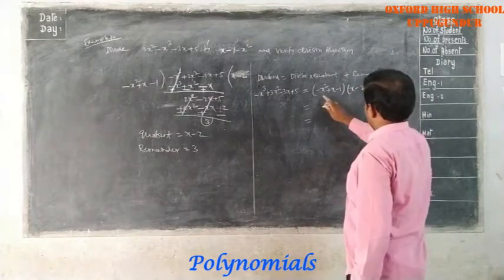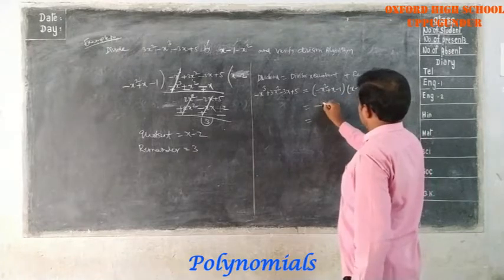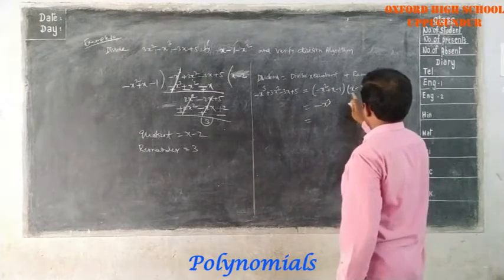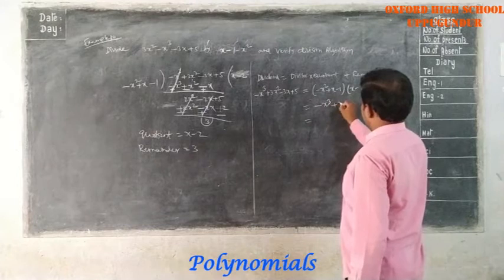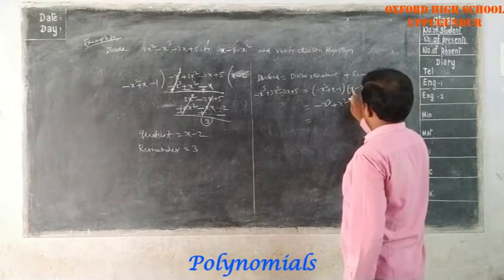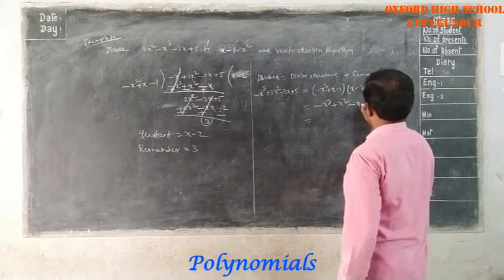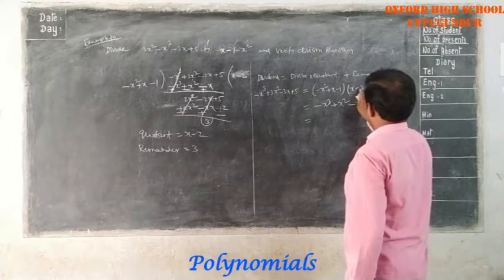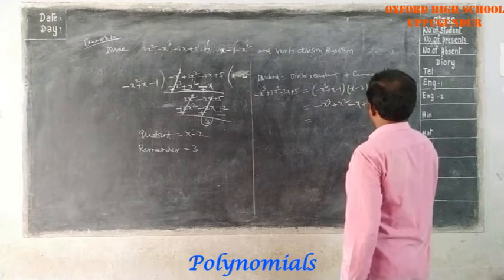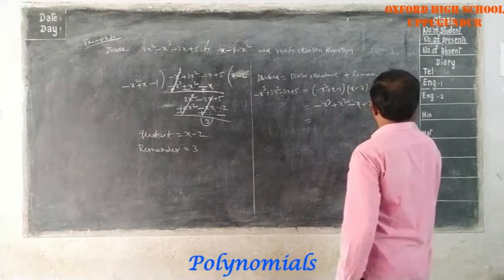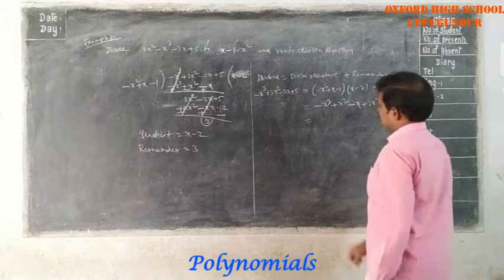remainder is 3. Minus x square into x, minus x cube, x into plus x square, x into minus 1, minus x, again minus 2 into minus x square, plus 2x square, minus 2 into x, minus 2x, minus 2 into minus 1, plus 2, plus 3.